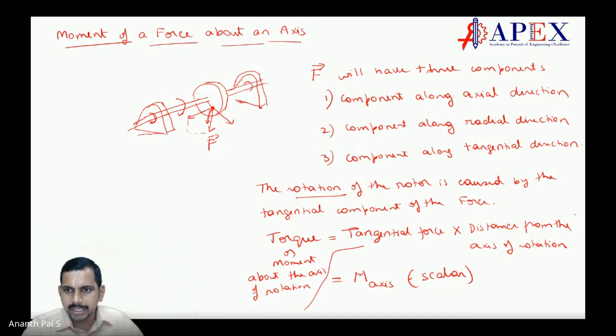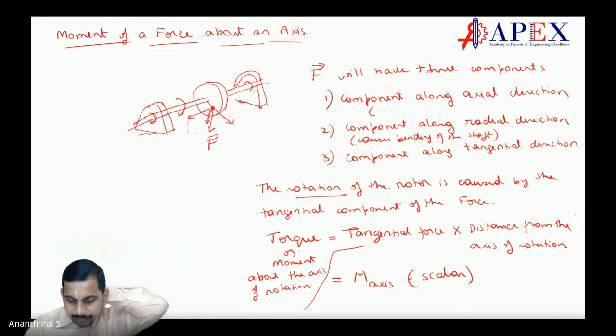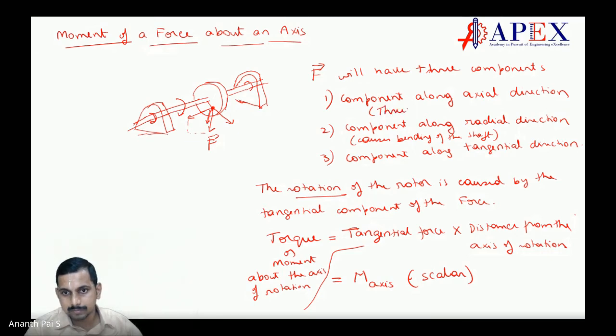Now, radial direction, what does it do? The radial direction force causes bending of the shaft, is it not? Along the axial direction, the component causes thrust on the bearings.